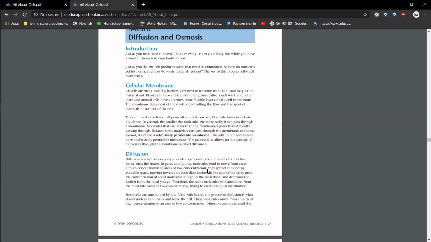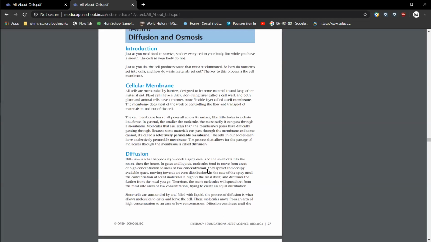But when you move farther and farther away, you're not going to smell it as much. This is because the molecules originate from the pot and then they start to spread throughout the room. And again, this is that same principle, moving from a high concentration to a low concentration.